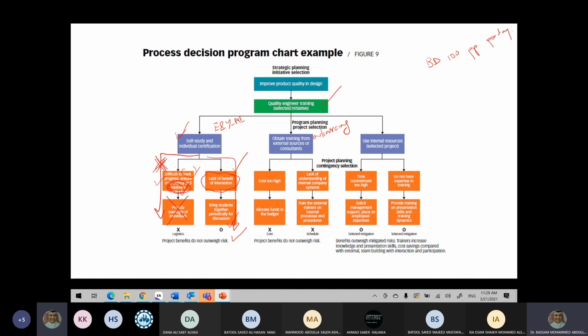So if I train, for example, 10 people for 3 days, that will be 10 multiplied by 100 multiplied by 3 days. It's just a short course. That means training for 10 people for 3 days costs 3,000.